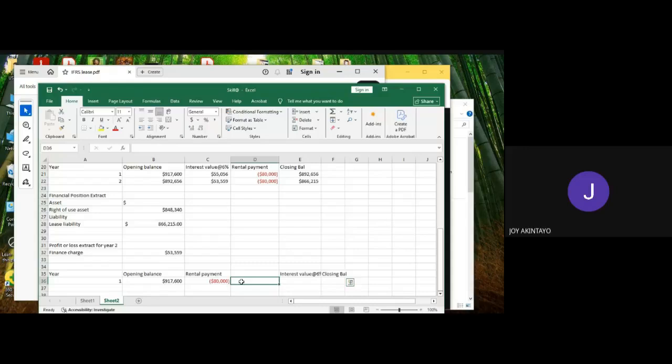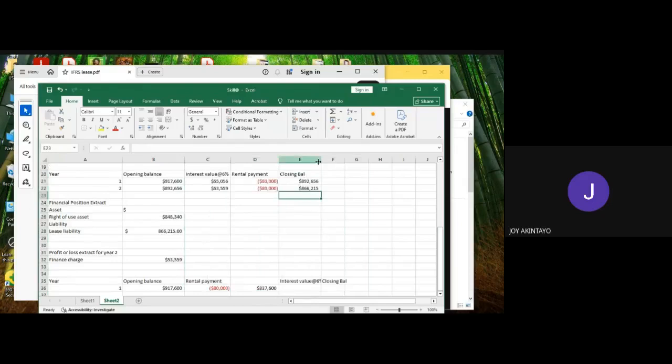The difference is 837,600. Now apply your 6% on it. We have 50,256.